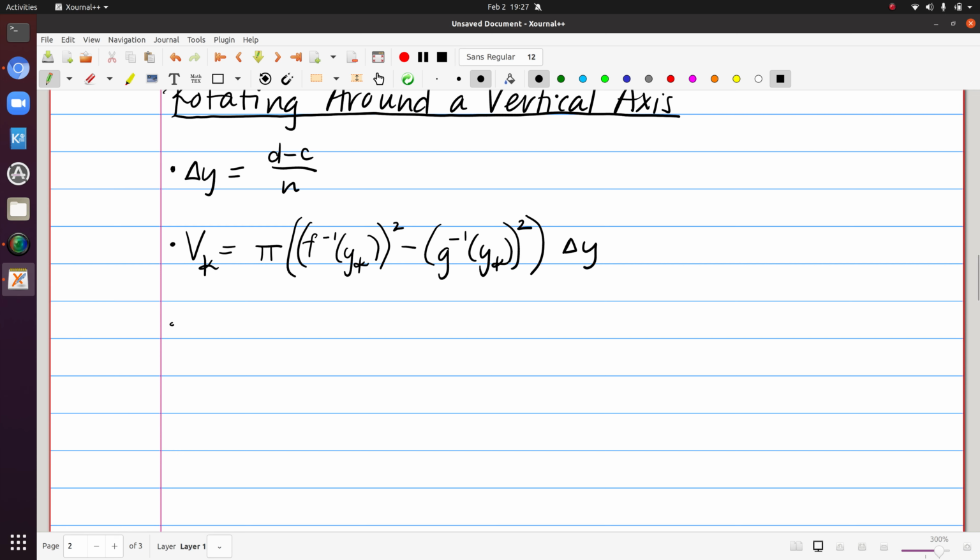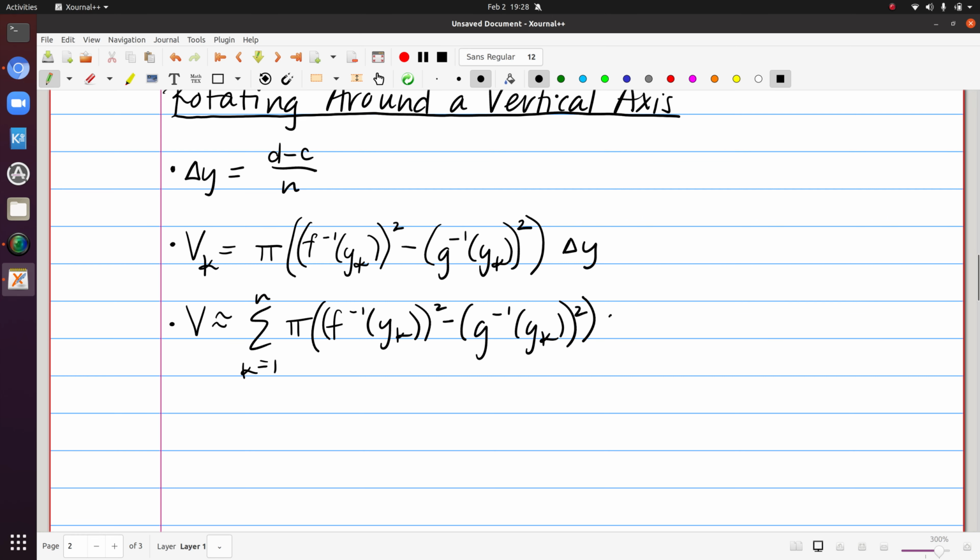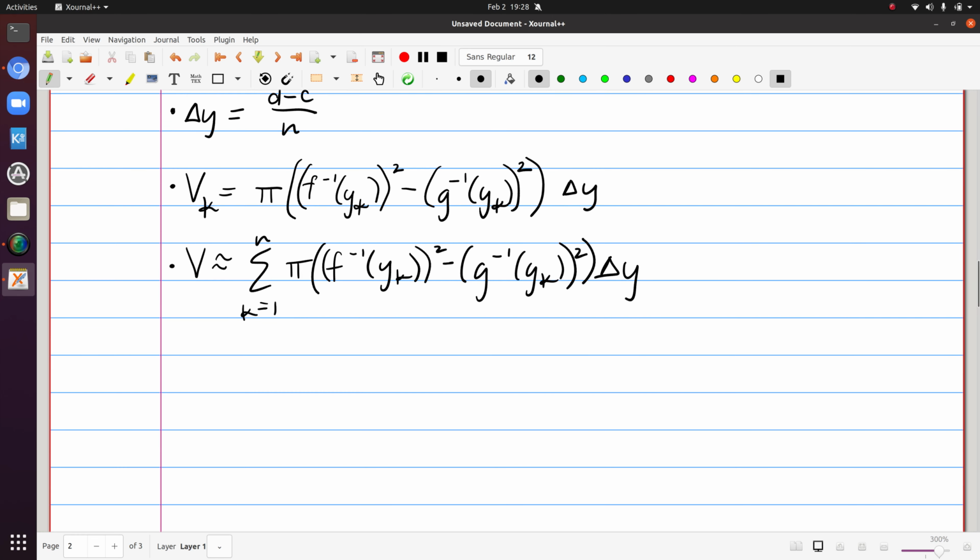So once I have that, my volume is roughly equal to a sum of the volume of the n different pieces that we have here. And that is an estimate. Once we have that, then I can take the number of pieces and send it to infinity.